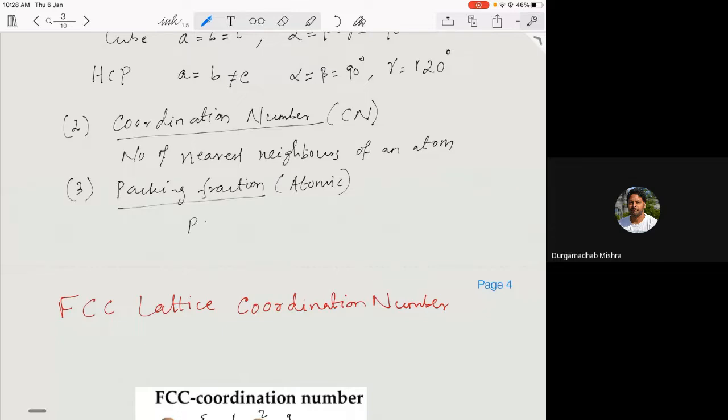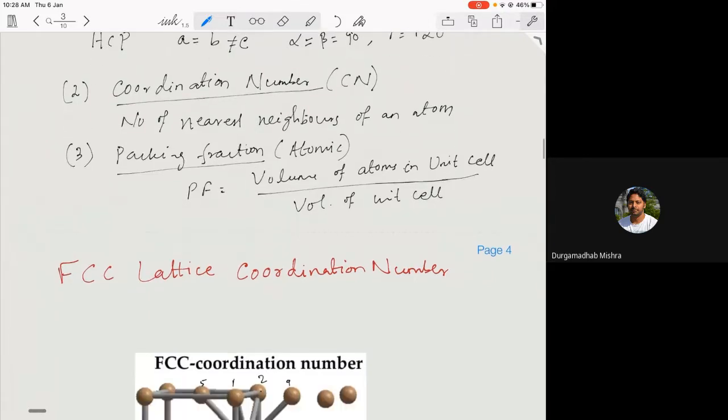This is defined as the volume of atoms in the unit cell divided by the volume of the unit cell. So this is how you can calculate the packing fraction.